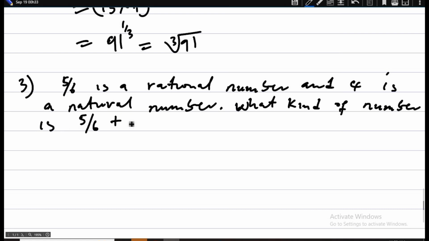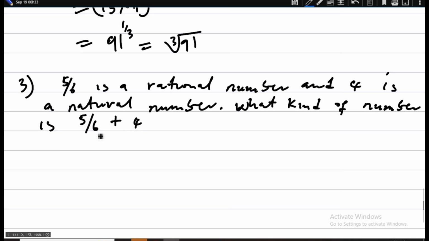Now, according to the summary of types of numbers, natural numbers are found inside of rational numbers. So this 4 that is a natural number is equally a rational number, because natural numbers are found inside of rational numbers.